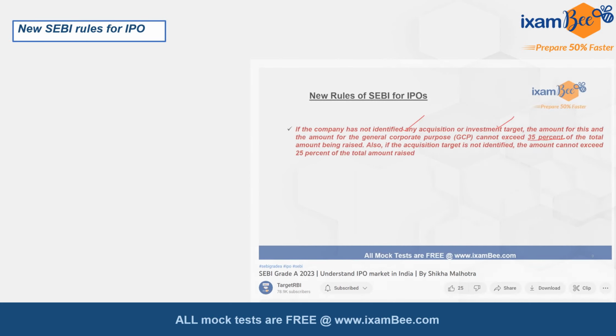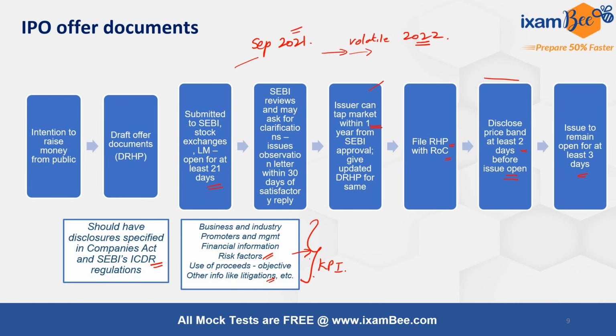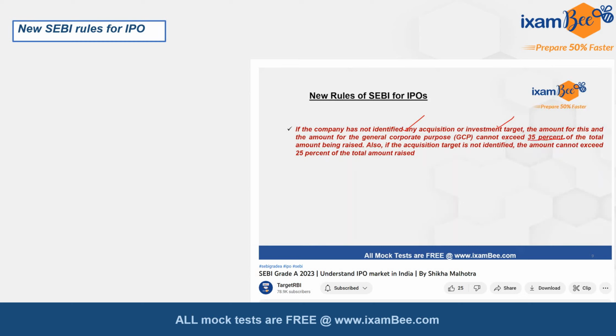As I told you, for the objects clause, SEBI had come out with certain guidelines as to how the proceeds raised from the IPO should be used. These new rules related to IPO and proceeds were issued in October 2022. One of them relates to how the money has to be used, where it was told that if the company has not identified any acquisition or investment target, in that case they cannot use more than 35% of the amount raised for the acquisition and for general corporate purposes together.